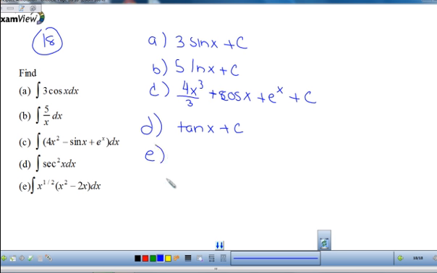For e, I would have to do a little bit of algebra to find it. So I'm going to distribute the x to the 1/2. So I'm going to have x to the 5/2 minus 2x to the 3/2. Okay, so I'm going to add 1.